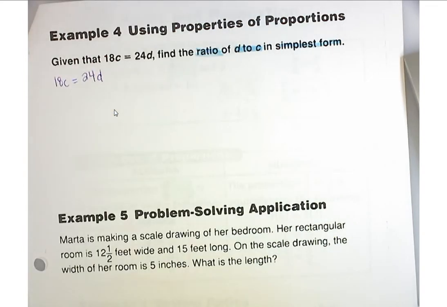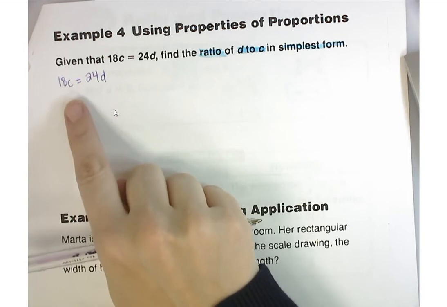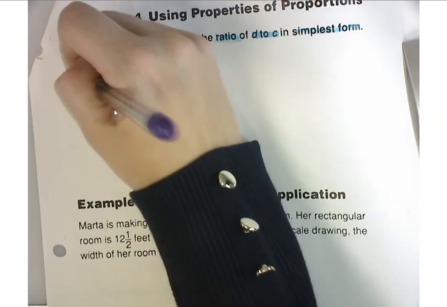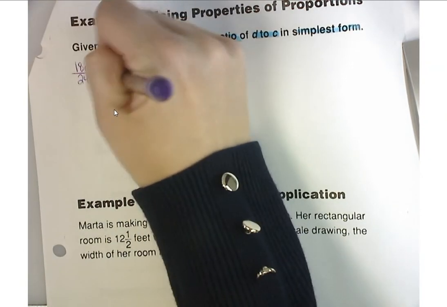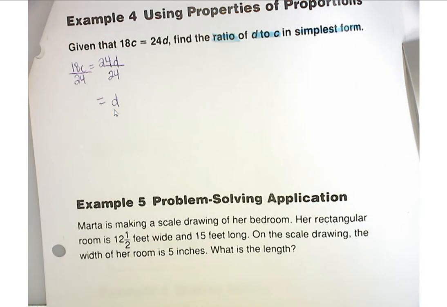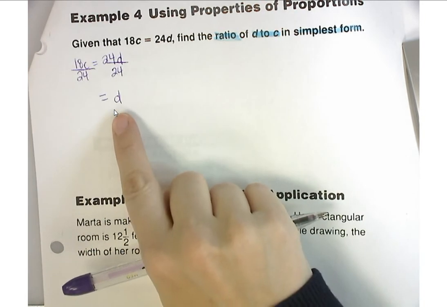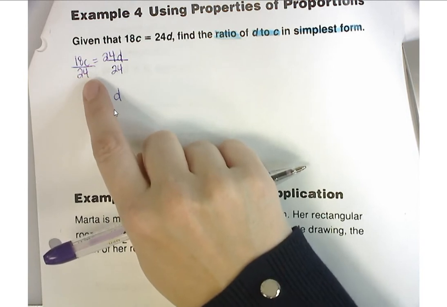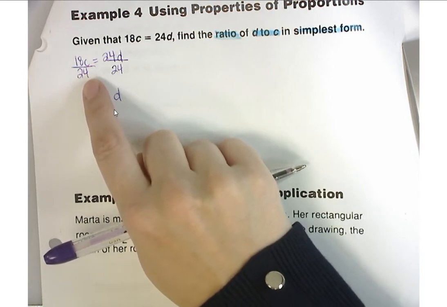You can either divide both sides by 24 to get the d by itself. So if you divide both sides by 24, on this side you'd have d, and then you have 18c over 24, which we can reduce.